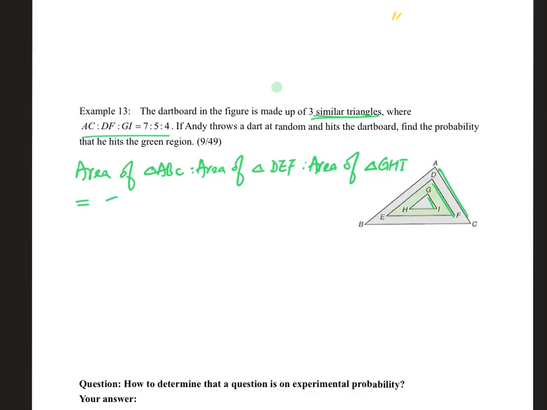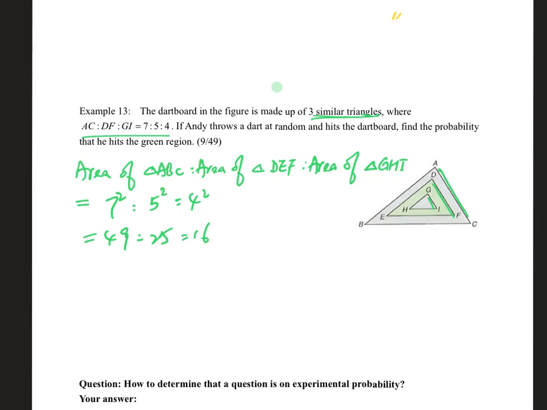Yes, that's good. So it's about squares. So 7 squared, 5 squared, and 4 squared. Don't forget it, because it's also a very frequently asked question in your Paper 1 in your examination. It's 49, 25, and 16 finally.